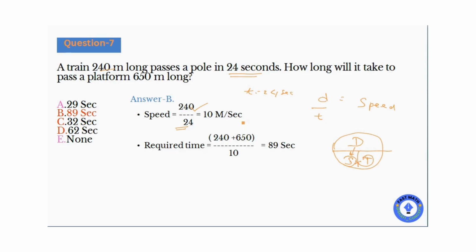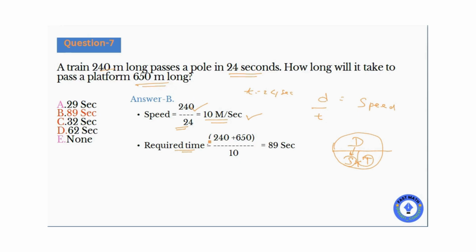In this problem, you get the speed as 240 divided by 24, which is 10 meters per second. What is the required time to cross the platform? In such problems, the train has to pass the length of the platform also.